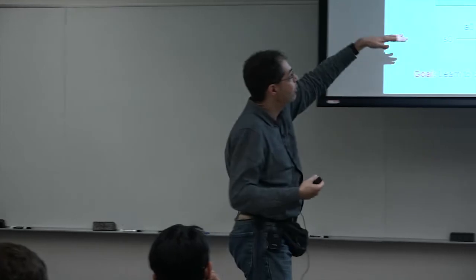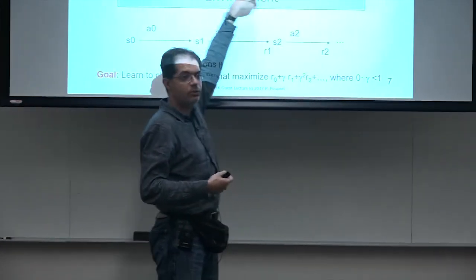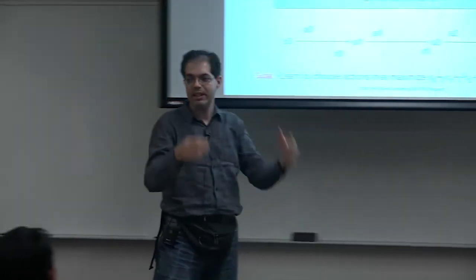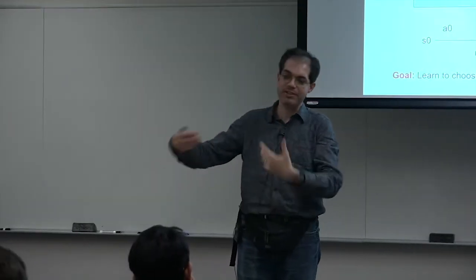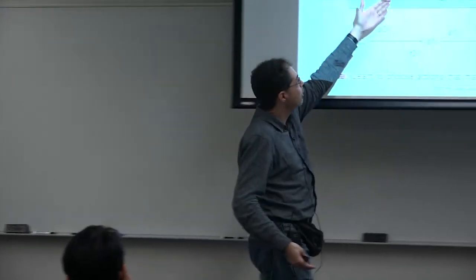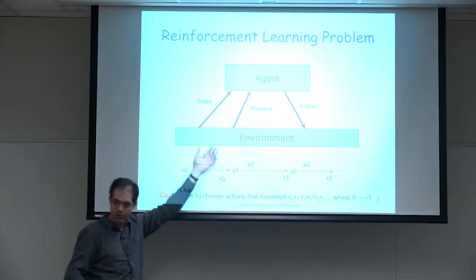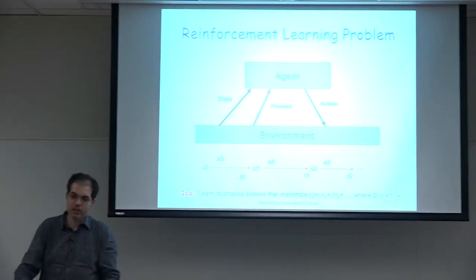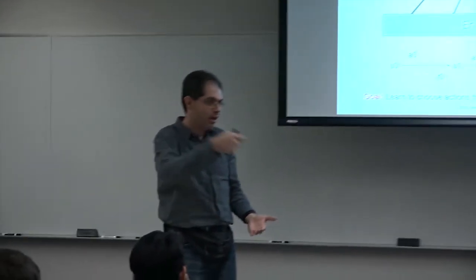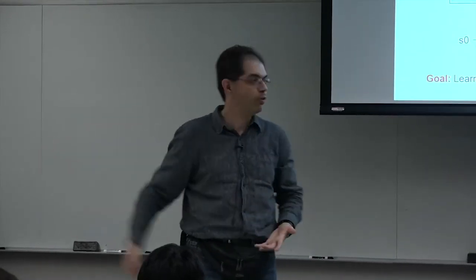In this framework, the agent is trying to select actions that will influence the environment so that the environment moves into a state that is good for the agent. The rewards are numerical signals that simply tell us how good those states are. And then the agent will try to select actions that will get the environment into good states overall.